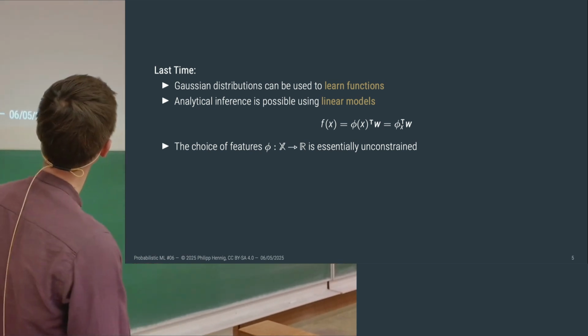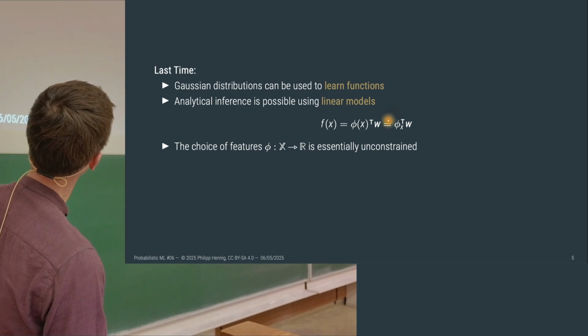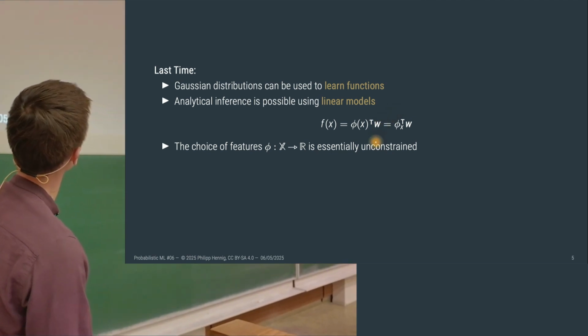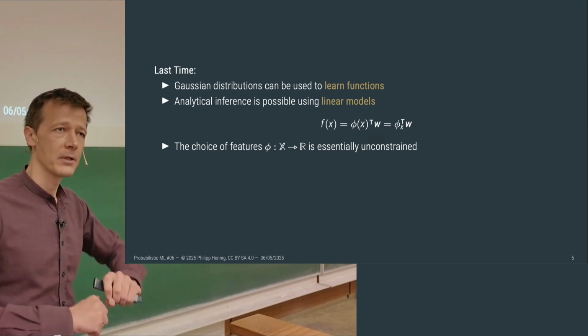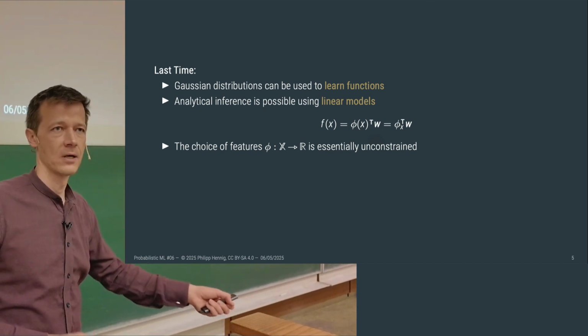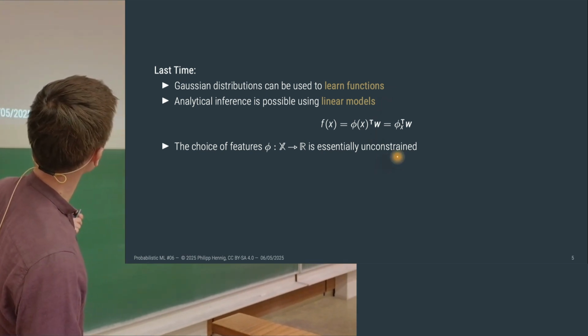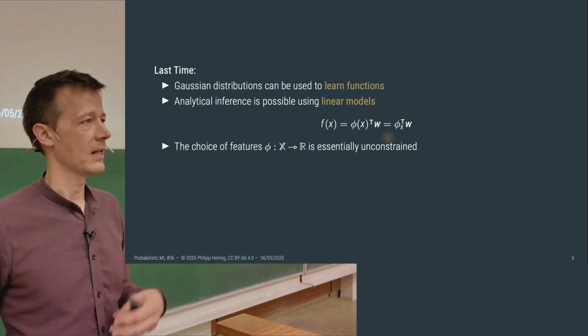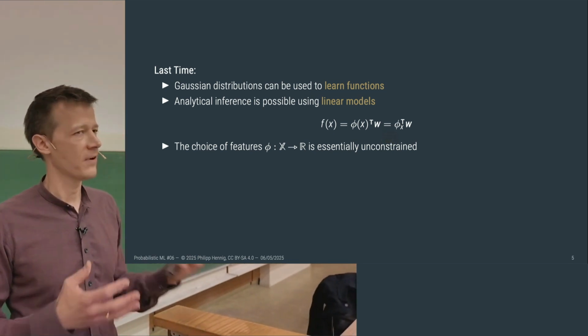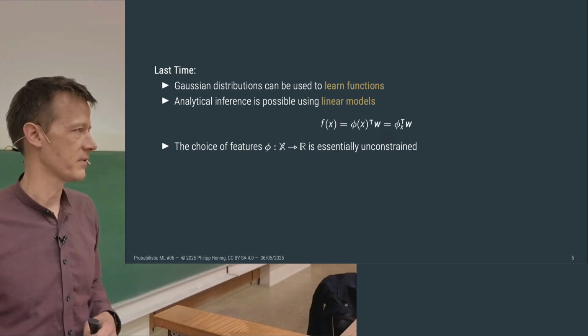And then the second cool step was to say, we can take a finite dimensional Gaussian distribution over parameters W, over weights, and turn them into a distribution over functions by mapping these weights out onto feature functions. So we create classes of functions that are finite sums over basis functions.